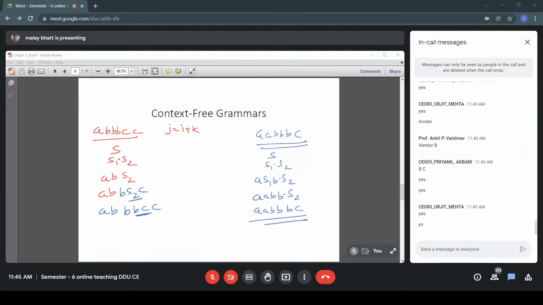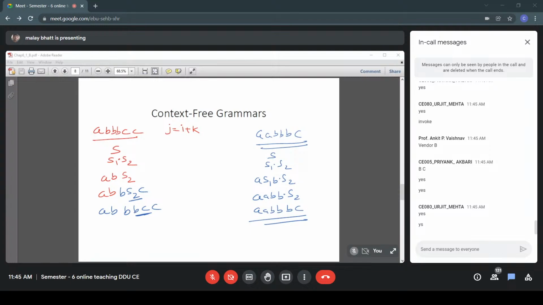And we have the same language, a raised to I, b raised to j, and c raised to k. So let's consider it in this way.